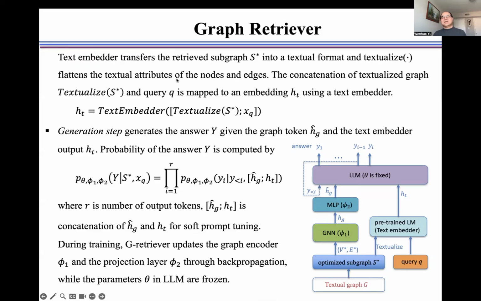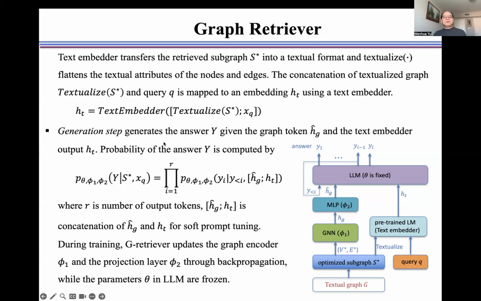The concatenation of the textualized graph and query Q is mapped to embedding HT using a text embedder, as shown here and here.